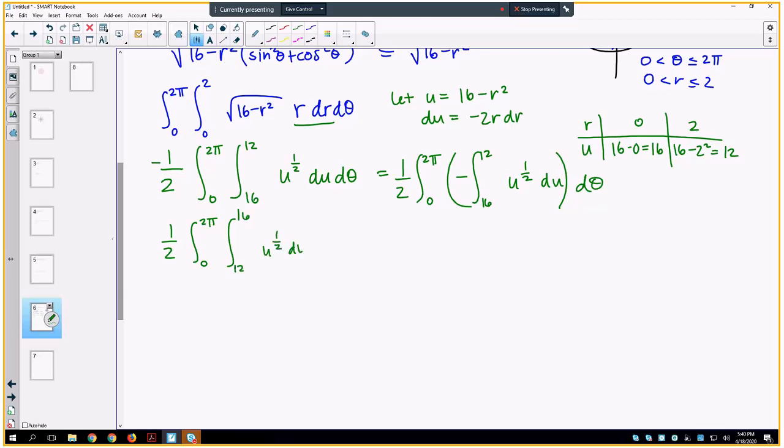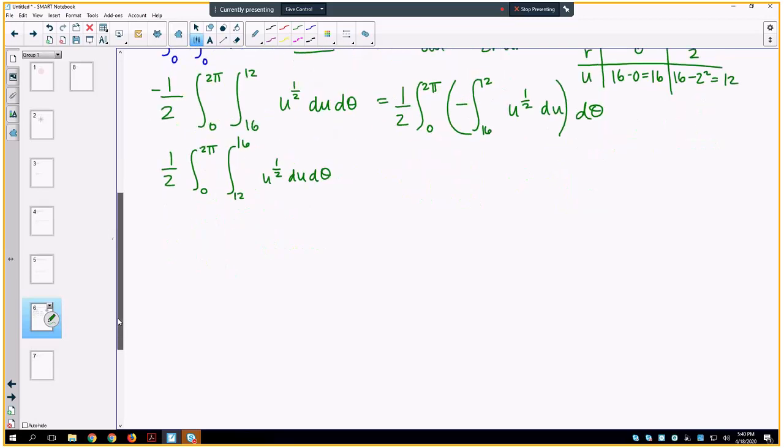All right, now this doesn't look bad. So I'll keep 1/2 outside. Take the antiderivative of u to the 1/2. I get 2/3 u to the 3/2. I want to evaluate between 12 and 16 before integrating with respect to theta.